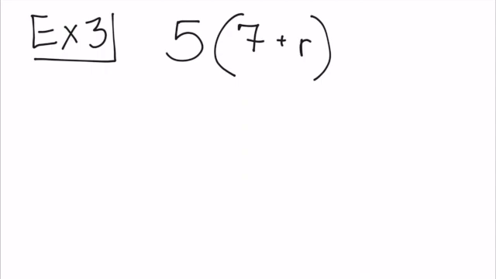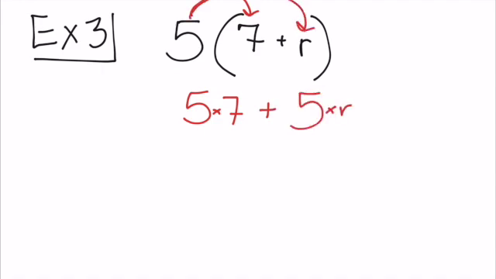This is distributive property because I have 5 times, in parentheses, 7 plus r. Let's share the 5. So 5 shared with the 7. It's 5 times 7. Bring down the plus sign. 5 shared with the r is 5 times r. Now let's do what we can. I can do 5 times 7. It's 35.